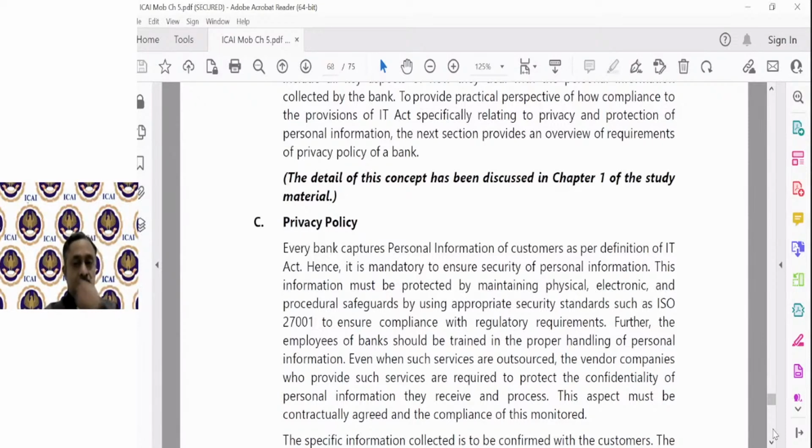It is very, very important for a bank because the bank has so much data. You are giving KYC to the bank: your PAN number, Aadhaar, voter ID, date of birth, earnings also, because if you are taking a loan, a lot of data you are giving. Imagine that data is hacked. That is why 43 capital A is a very important section for banks to comply with. They need to have this privacy policy built.